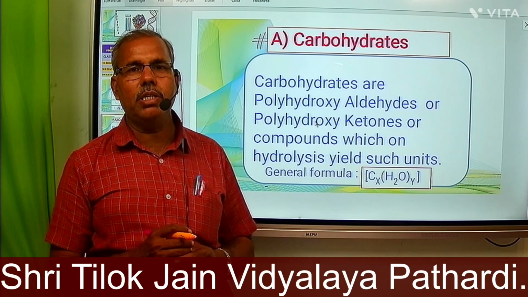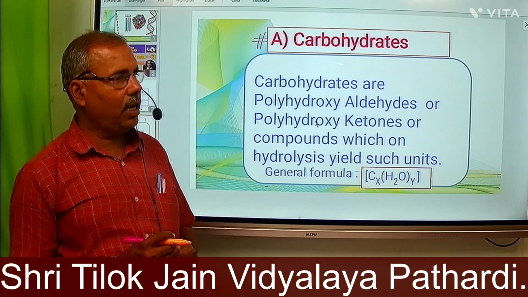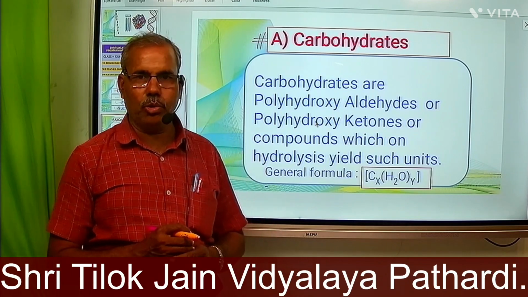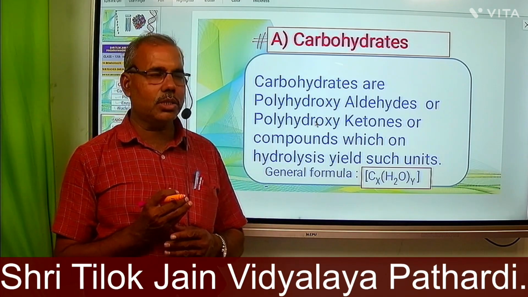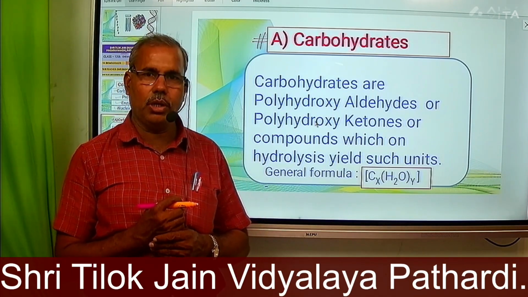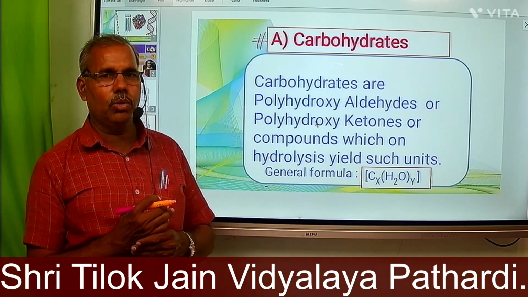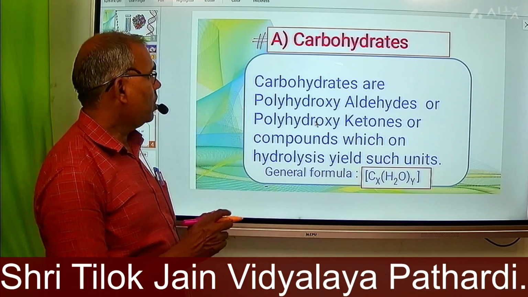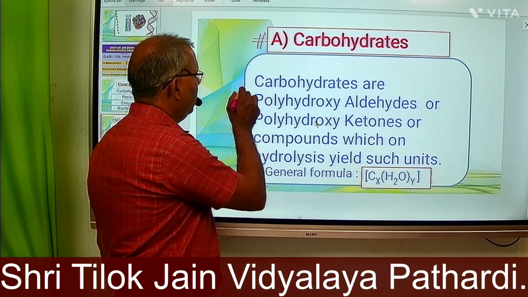But nowadays it is clear that these compounds chemically do not contain water molecules. They contain the elements carbon, hydrogen, and oxygen, but even so they are known as carbohydrates. So what are carbohydrates chemically?